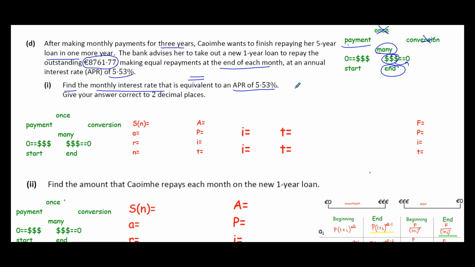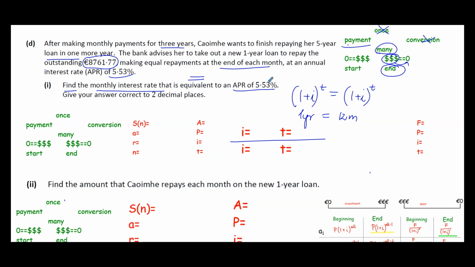That is our formula: 1 plus i to the power of t equals 1 plus i to the power of t, where 1 year is equal to 12 months. We just need to identify what to put in place of i and t.